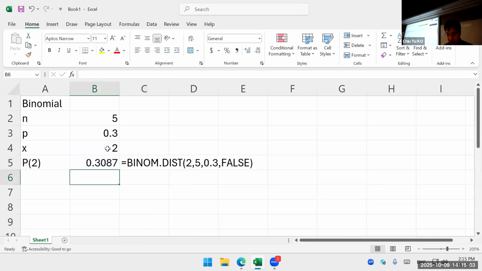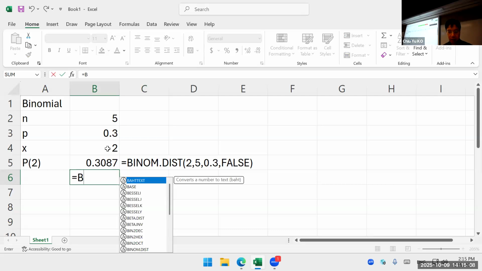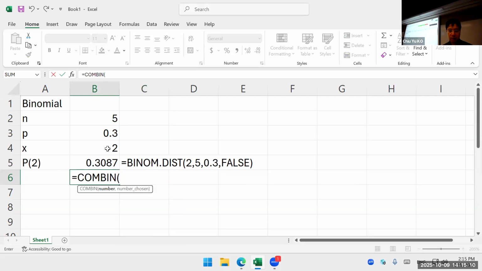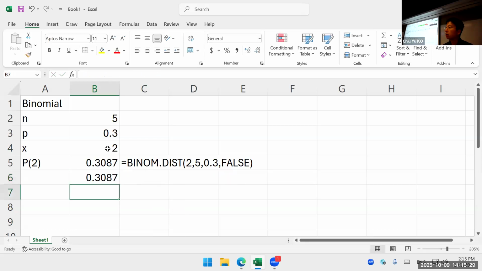If you don't believe me, you can do this: COMBIN, 5C2, and then 0.3 raised to the power 2 times 1 minus 0.3 raised to the power 5 minus 2. Same formula, same thing.